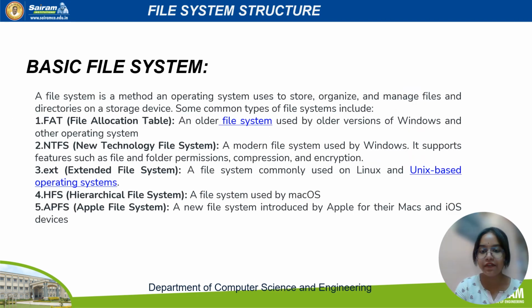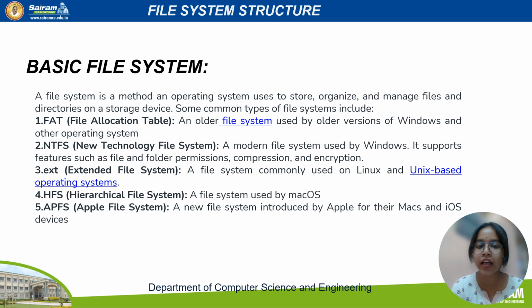Next is basic file systems. In basic file systems, we can see five of them. A file system is a method of the operating system used to store, organize, and manage files and directories on the storage device.